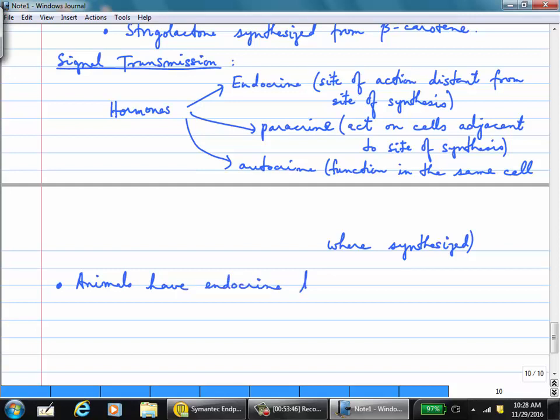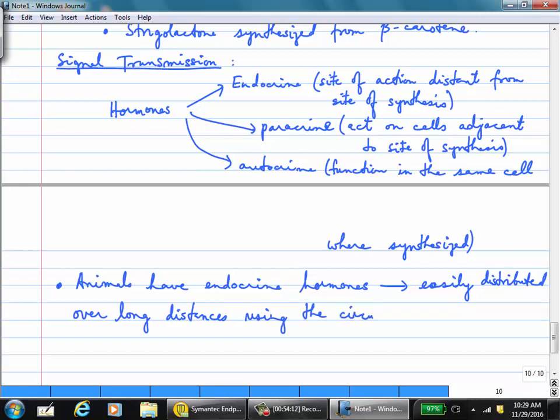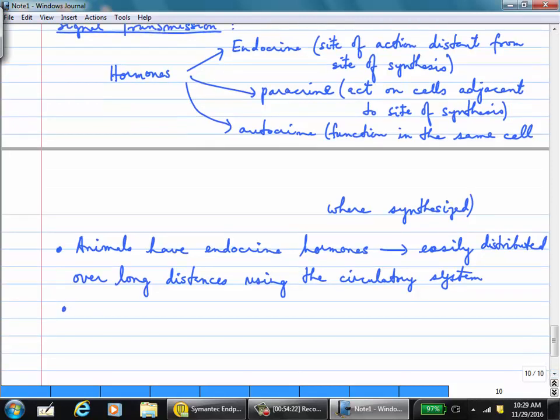Endocrine hormones are easily distributed over long distances using the circulatory system. Most plant hormones are of the paracrine type.